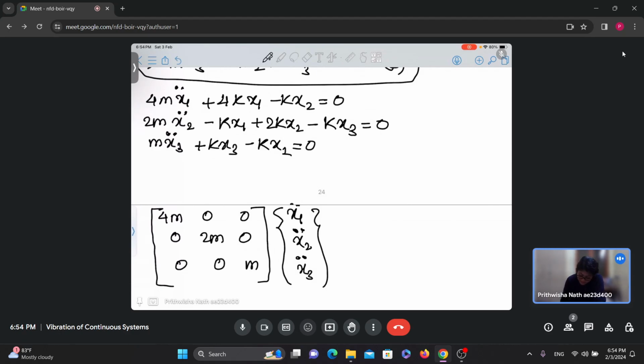Now how can I write the second part? Plus, what is the coefficient of x1? It is 4k. The coefficient of x2 is minus k.